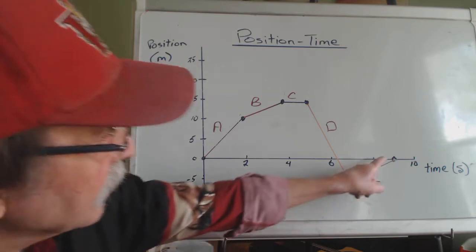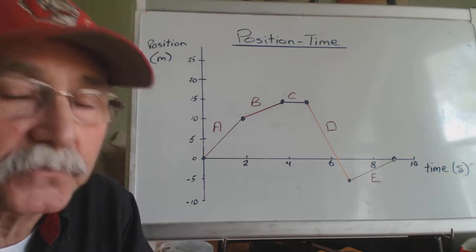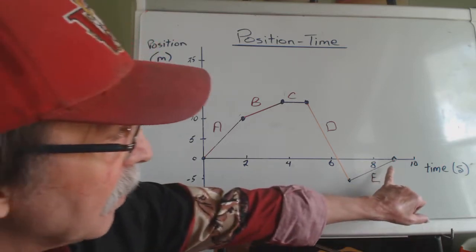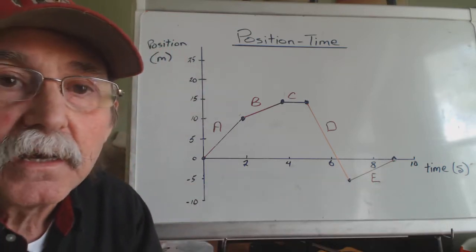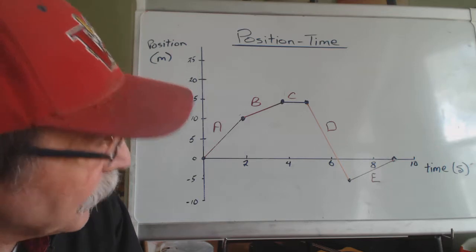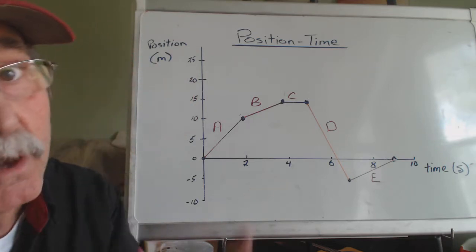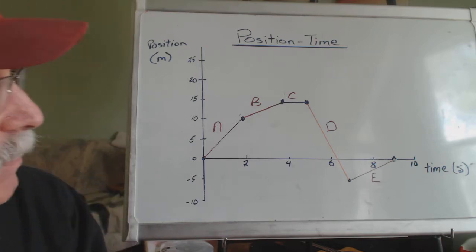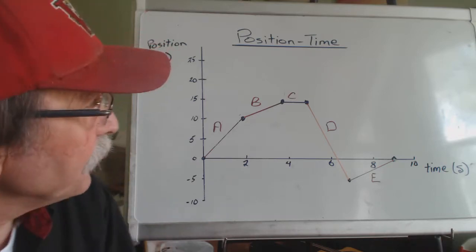Plus it went back to the origin again. So it traveled 40 meters altogether. And it traveled 40 meters in how much time? 9 seconds. So you can figure out what that would be as far as its speed is concerned. We know the velocity is 0 meters per second, and really there's no direction with 0.